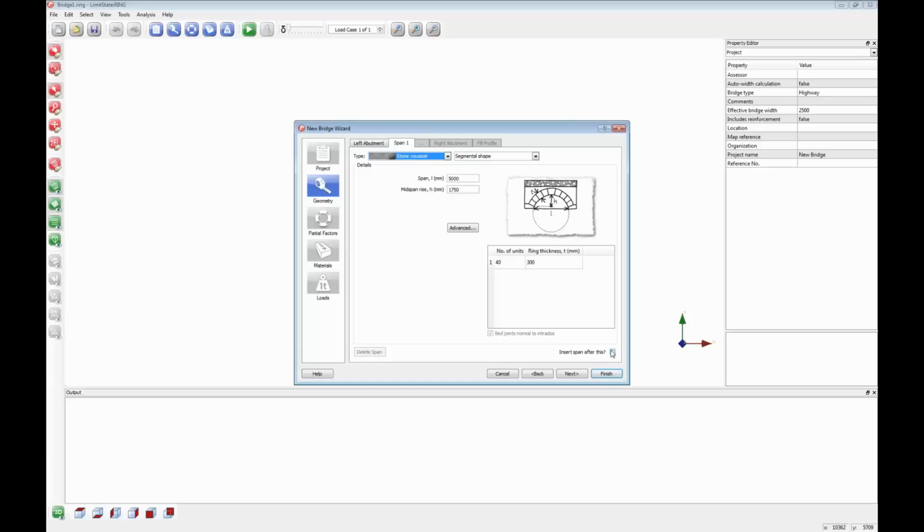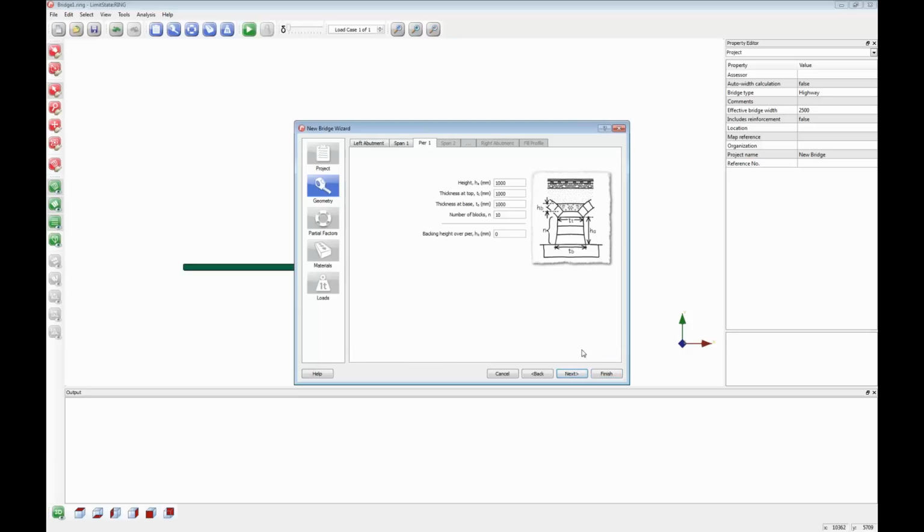What I'm going to do is just model a multi-span, so I click the little checkbox saying insert span after this, and move on to the pier dialog. What I'm going to do is perhaps make the pier a little bit higher than we've got at the moment and perhaps put in more blocks. The number of blocks, generally speaking, doesn't need to represent exactly the number of blocks you have in a structure, but the more blocks you have, the more accurate the solution is likely to be.